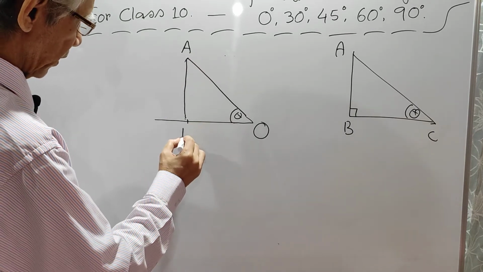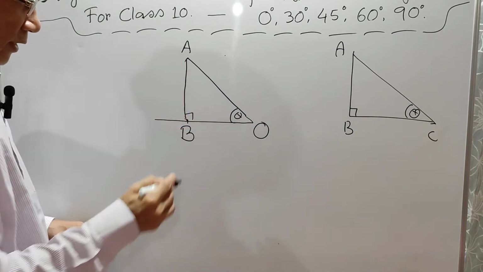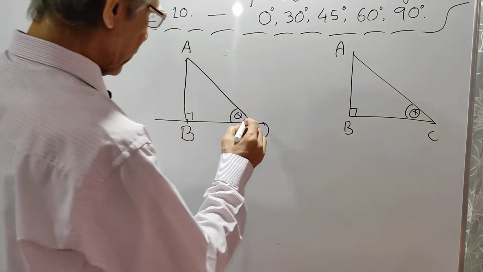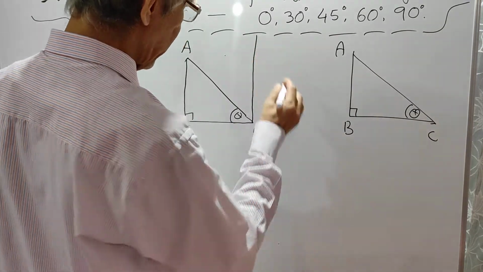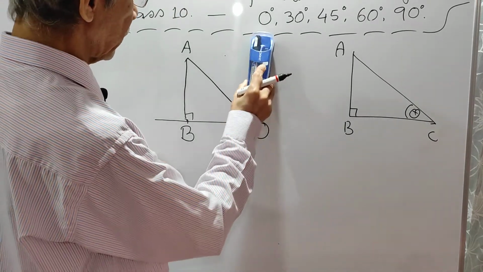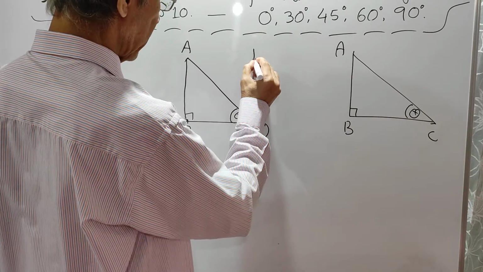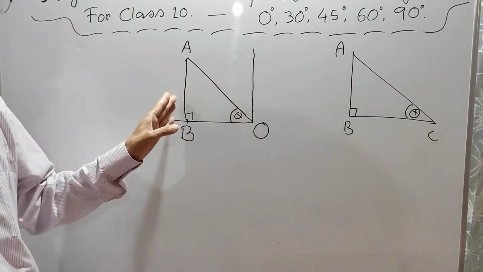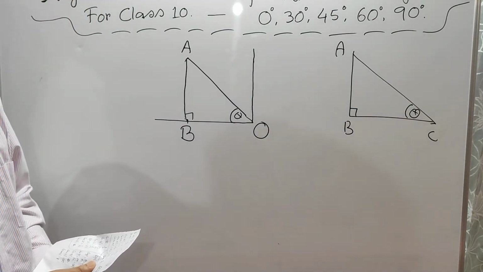Suppose AB is perpendicular, 90 degree. This line is perpendicular to BO. So be attentive. This part you must understand to understand the trigonometric ratios of 90 degree.